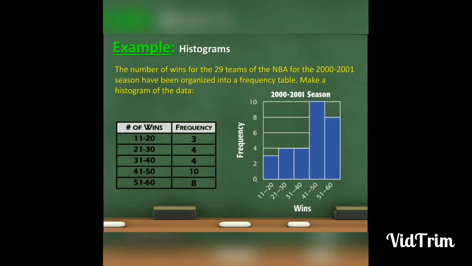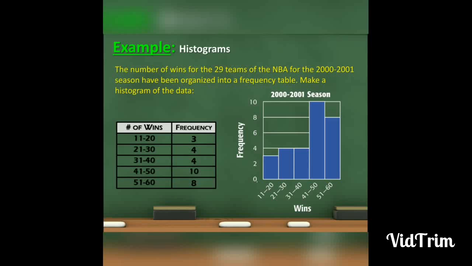So in the second group, 21 along with all numbers less than 30.